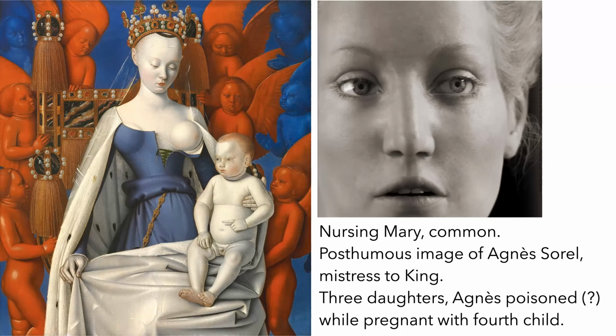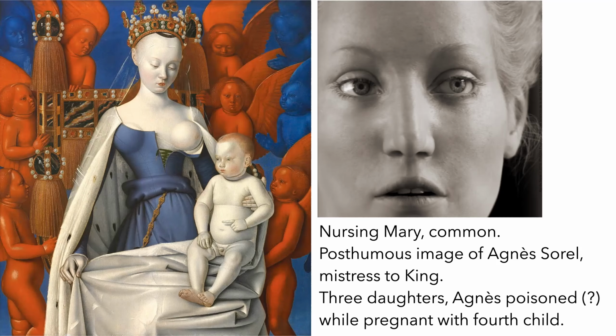So in this case, we know that the woman who posed for the painting, or who was the basis of the painting, was actually the mistress to the King of France. Okay, so be aware of that. And then furthermore, it was rumored when she died, after having 3 children with the king, and she was pregnant with the 4th child, that she had been poisoned because of the whole political thing and this kind of stuff.